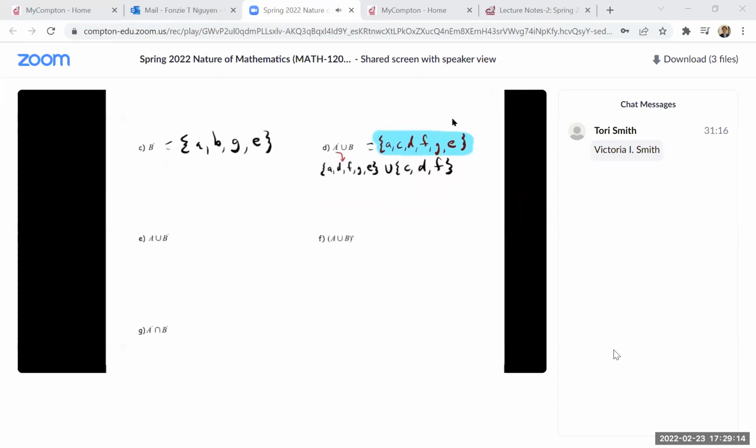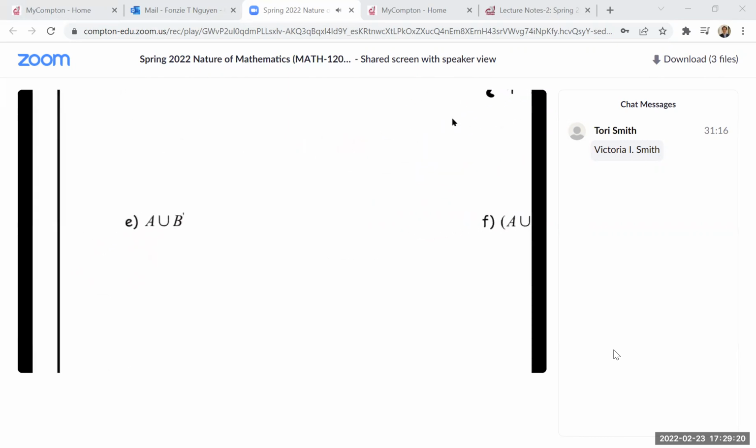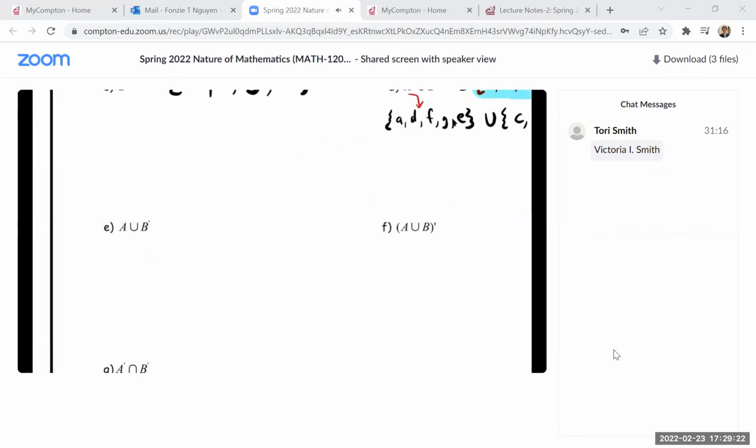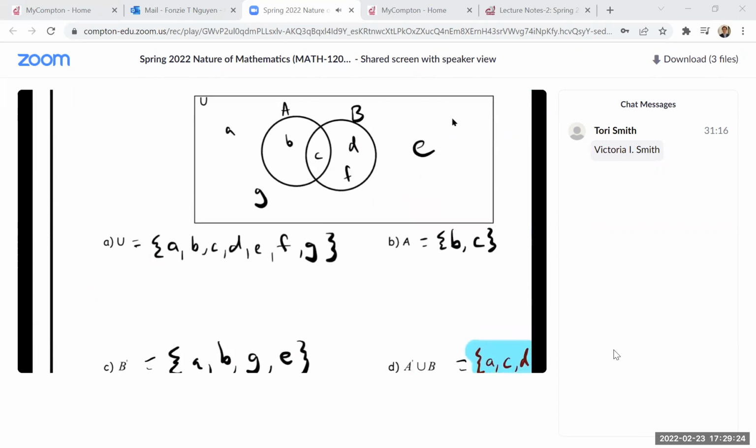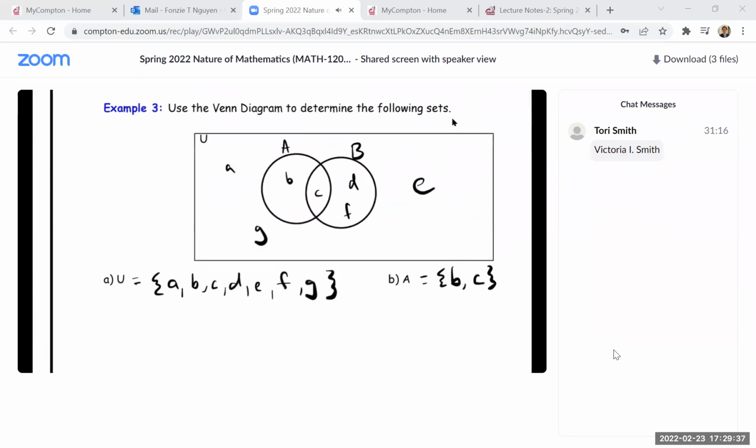Okay. So over here, it's going to be the same thing, but this time it's a complement of B. So let's see, what's in A first? B and C. Union, what's in the B complement? So everything outside of B would be?